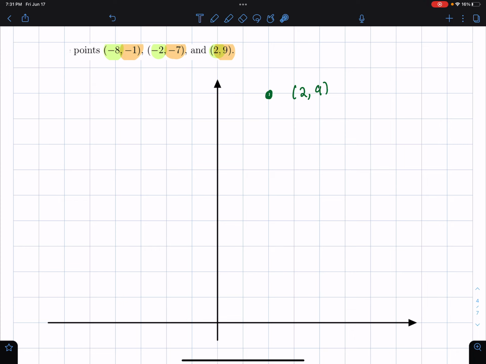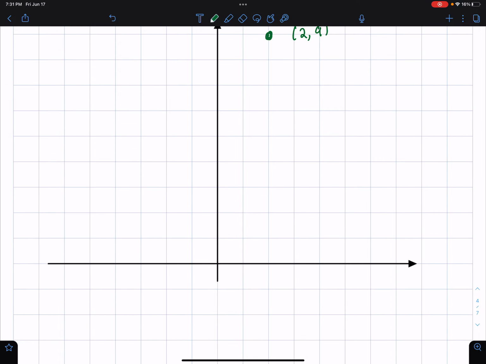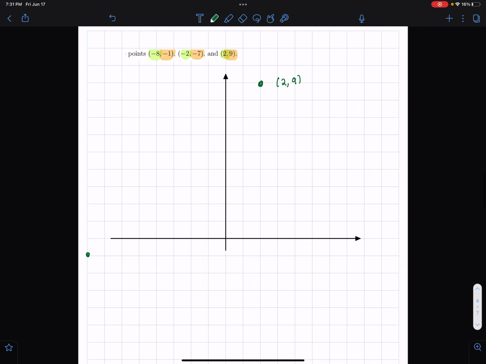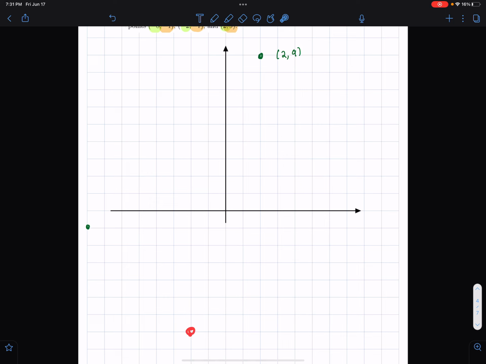Okay, negative 8, 1, negative 1. 1, 2, 3, 4, 5, 6, 7, 8, negative 1. I think I need to have smaller graph paper. Negative 2, negative 7. Yeah, negative 2, negative 7. That's this one. Let me get it darker.